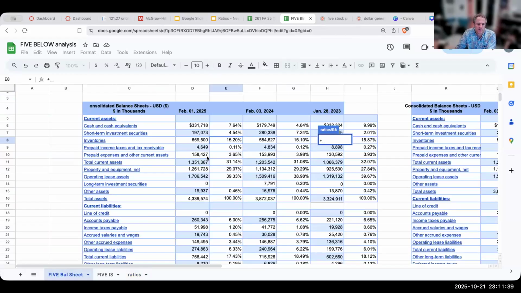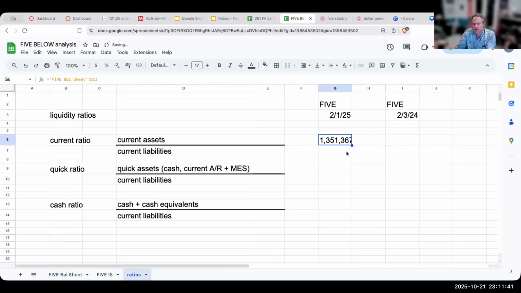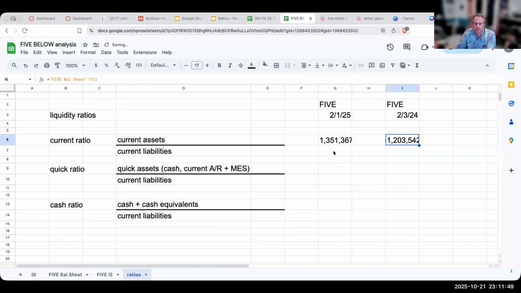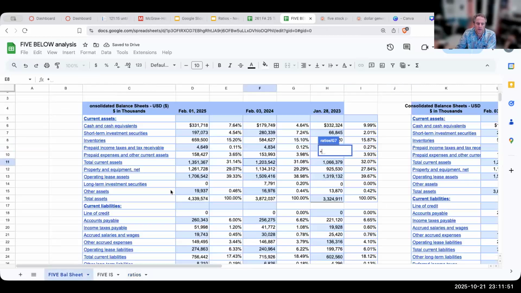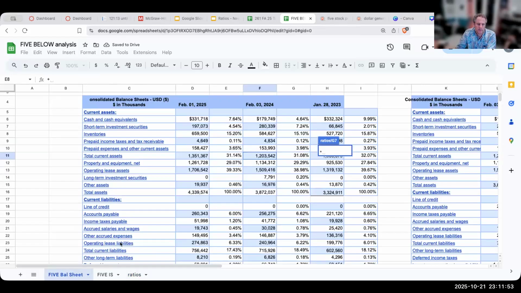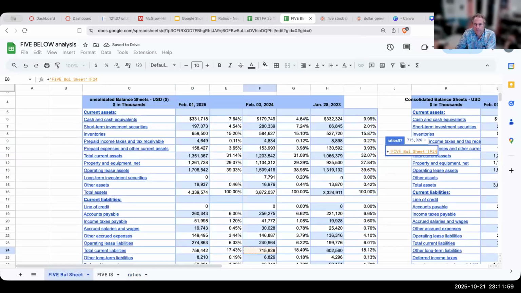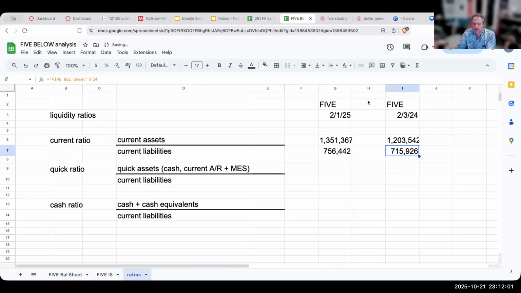Our current assets are 1,351,000. For the prior year, it was 1,203,000. The current liabilities of this company are 756,442, and then over here you've got 715,926.